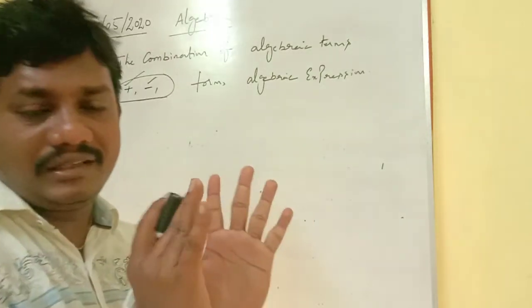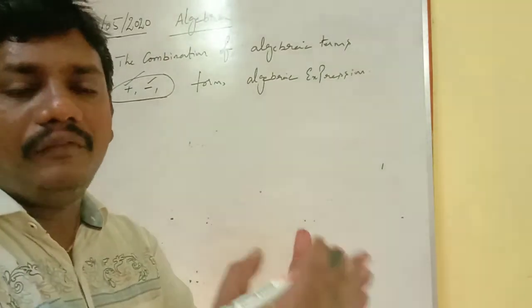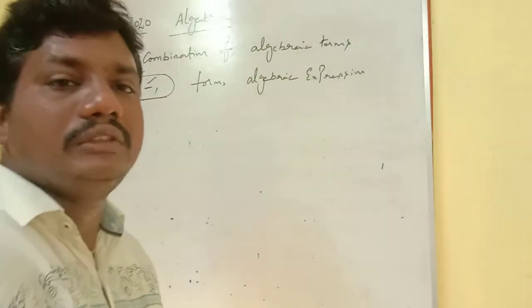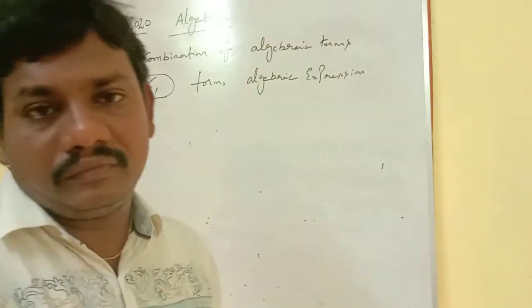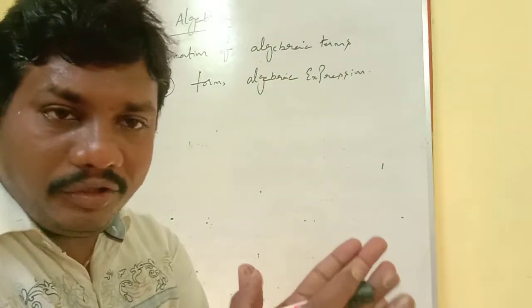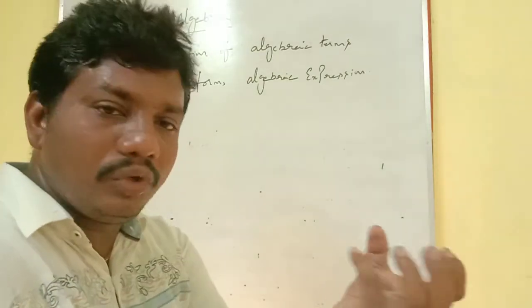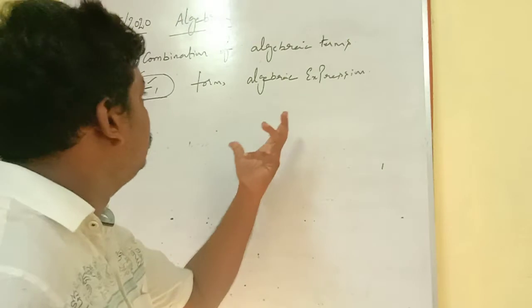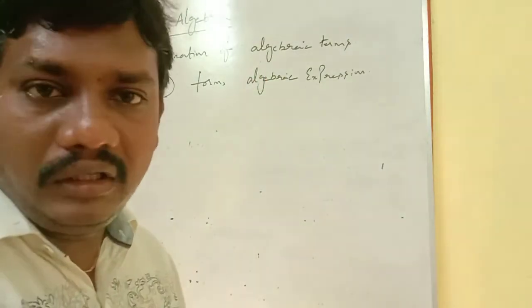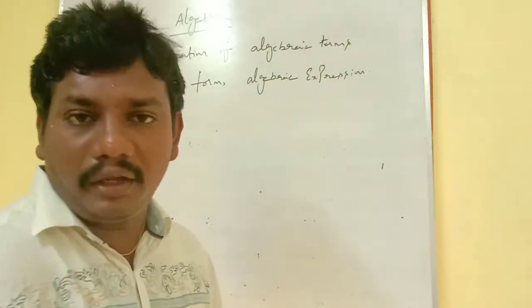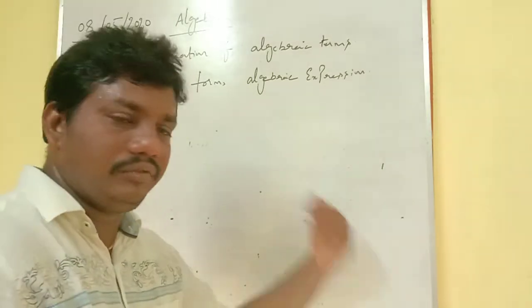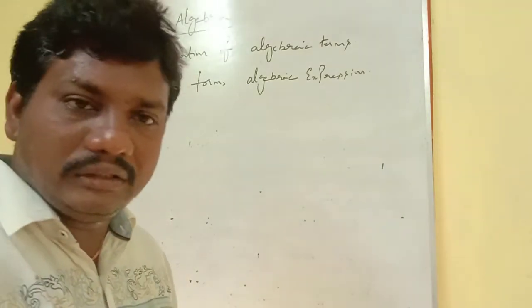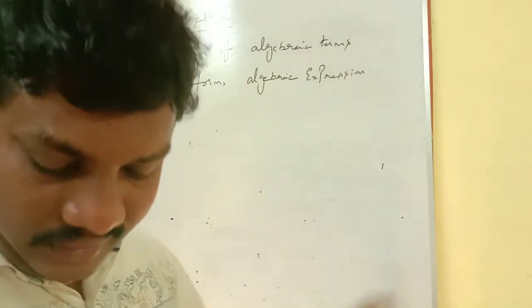An expression is a combination of several terms in the form of addition or subtraction. If you take the product of any two terms, it gives only one term, which is also an algebraic expression. So even one term or two terms is an algebraic expression, and a combination of three or more terms is also considered an algebraic expression.